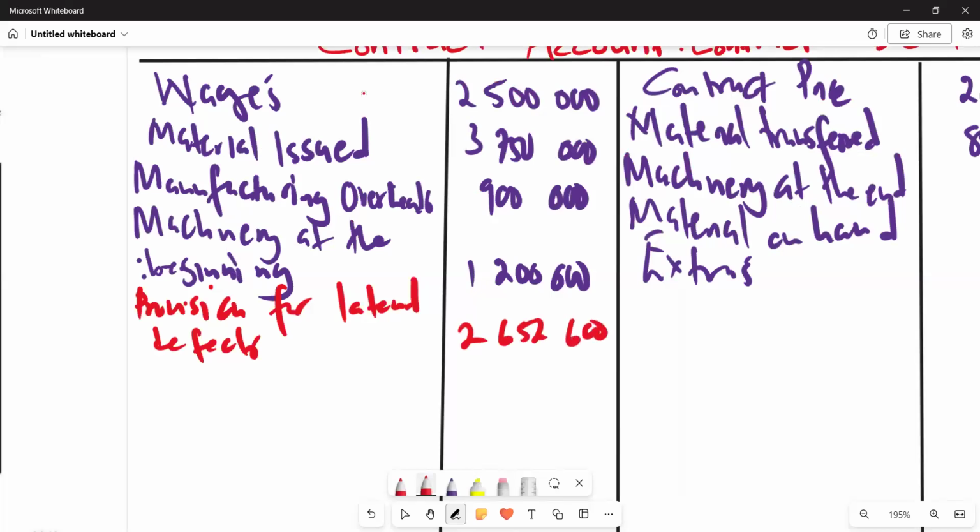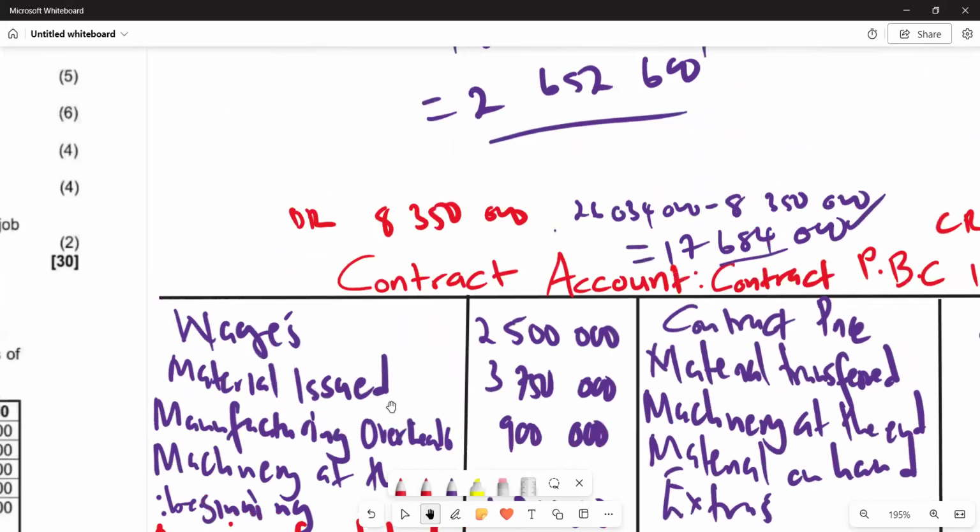And then the other balance that is now remaining will go to profit and loss. So having calculated it like this, the remaining balance goes to the profit and loss. Then let's calculate the profit and loss figure.